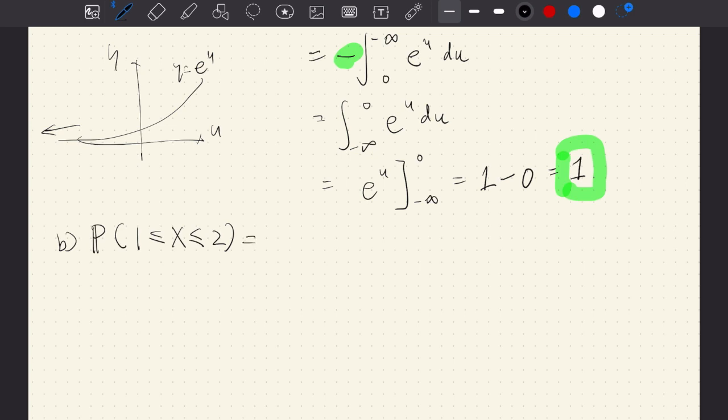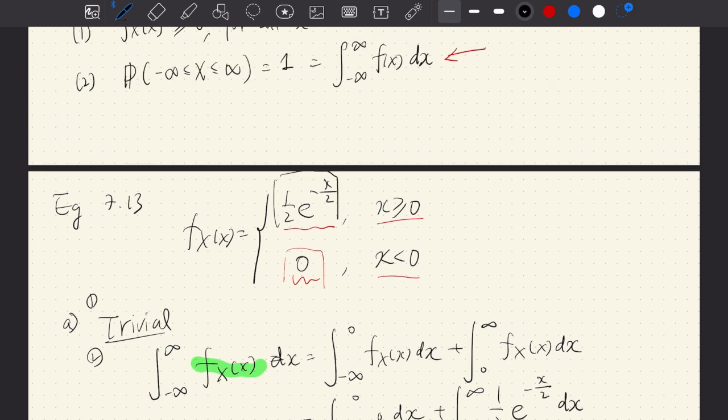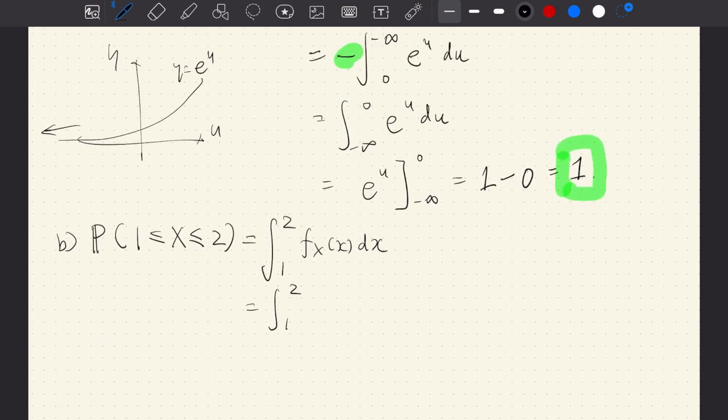And by definition, this can be evaluated by integrating f_X(x) from 1 to 2, right? And because now x is taking on positive values, we can substitute f_X(x) with the definition here, okay? So it is 1/2 e to the negative x over 2 dx, okay?